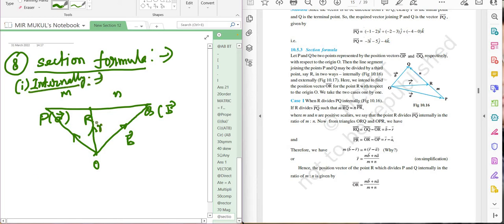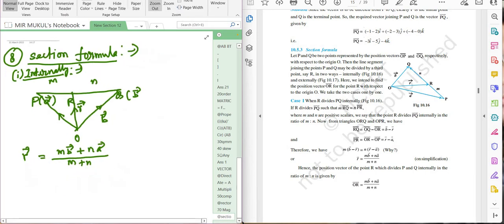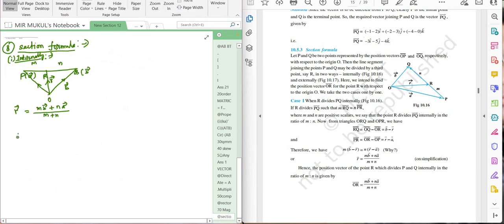So if this unknown vector is R, then R equals mB plus nA divided by m plus n. Okay. Now if externally, then second is externally.